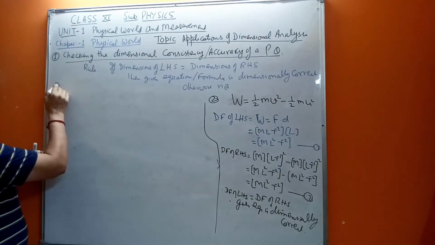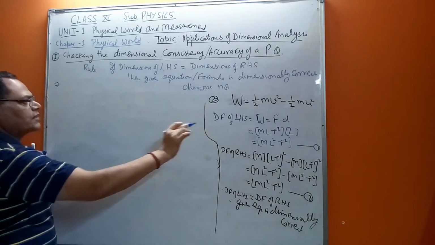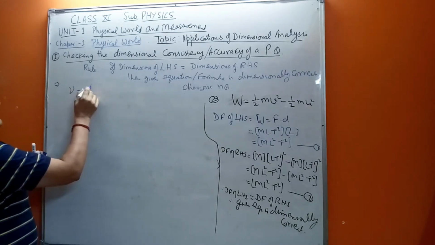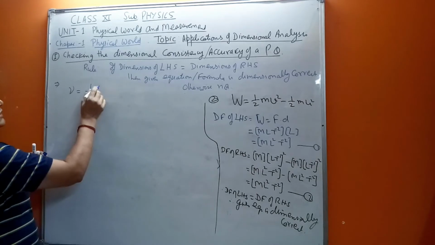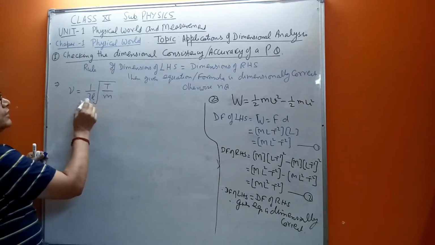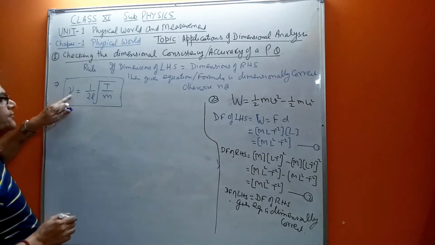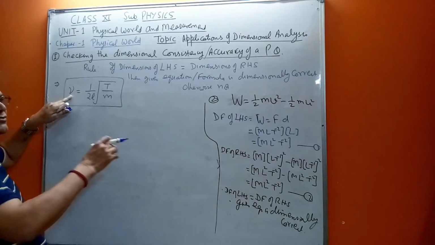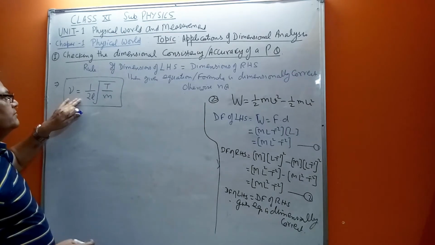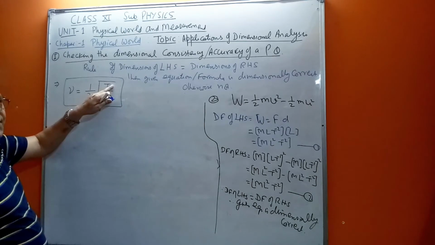So the next is, the frequency of vibration of a stretched string, nu, is given by 1/2L root T upon small m. So this is a relation, that is, the frequency of vibrations of a stretched string is given by 1/2L, where L is the length and T is the tension.